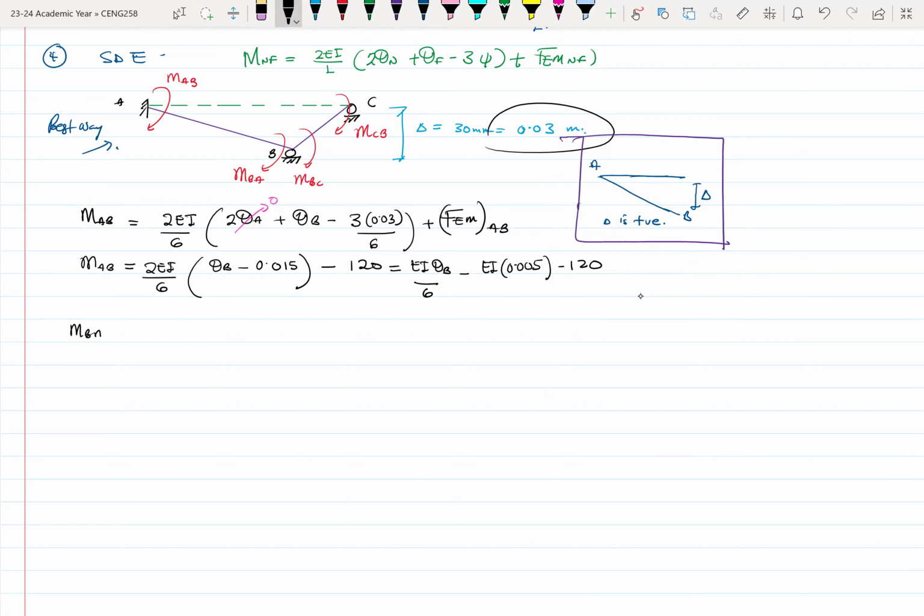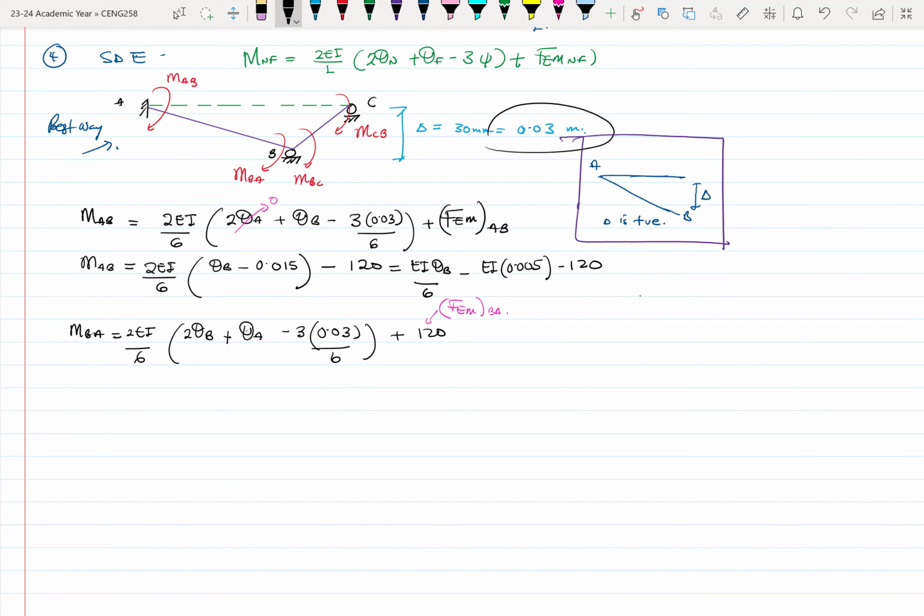MBA will be the same, with slight differences. So MBA is going to be 2EI over 6 times 2 theta B plus theta A minus 3 bracket 0.03 over 6, plus, in this case, 120, because it's supposed to be plus FEMBA, right?